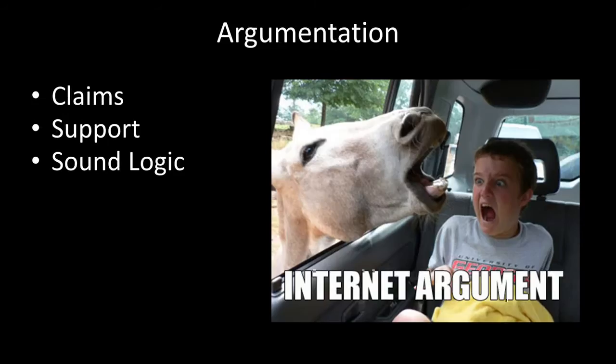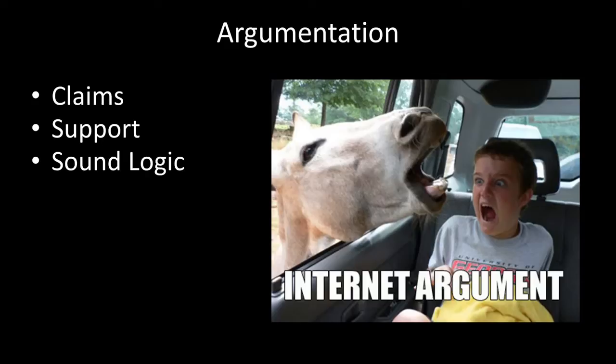All right. The next concept worth talking about is that of argumentation. Oftentimes in life, many of the communicative things that we engage in are actually arguments. An argument is a claim, a statement about what is or what ought to be, that is supported with evidence and sound logic.